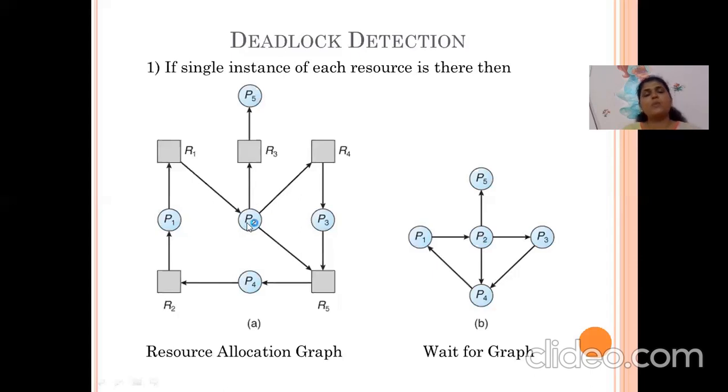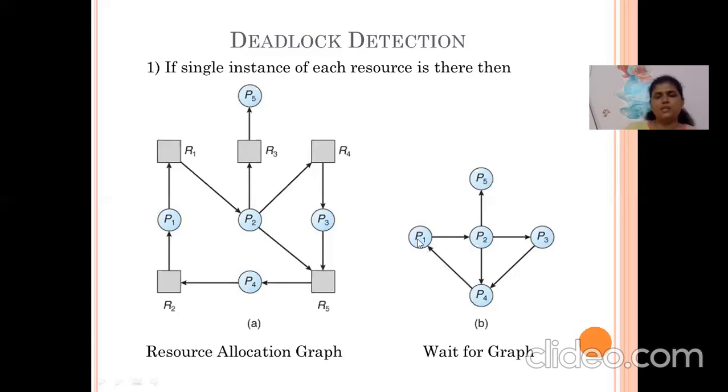Similarly, process P2 is requesting resource R5, which is already allocated to process P4. That means process P2 is dependent on process P4. This dependency is shown by this particular arrow. Then process P4 is requesting resource R2, and it is allocated to another process. So this dependency is shown by this.